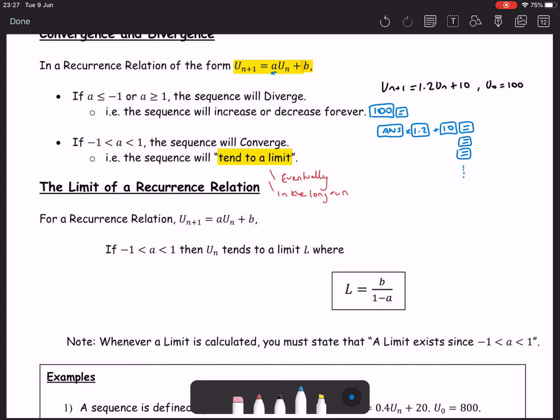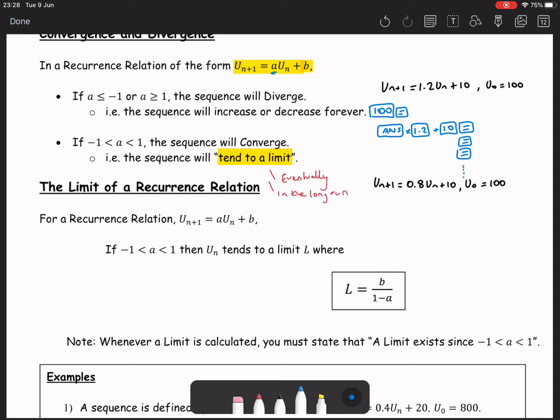In my second example, I'm going to pick one quite similar, but this time the 1.2 is going to change to 0.8. The rest of it is going to look exactly the same.